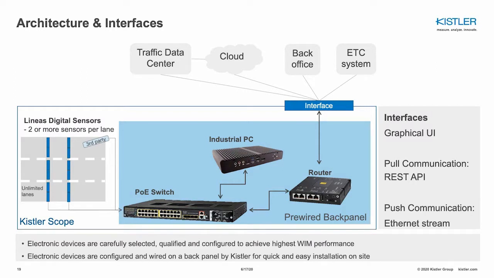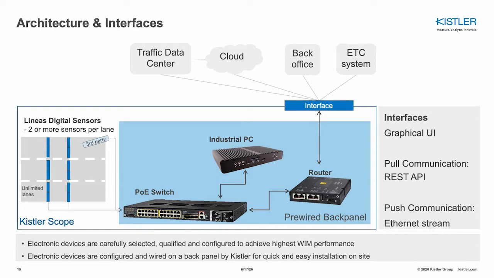And in addition, third-party devices like optional LPR cameras can be included. In the cabinet, there are the electronics, which consists of an industrial PC, a power over Ethernet switch, and a router. And of course, the software and the configurations running on these devices.